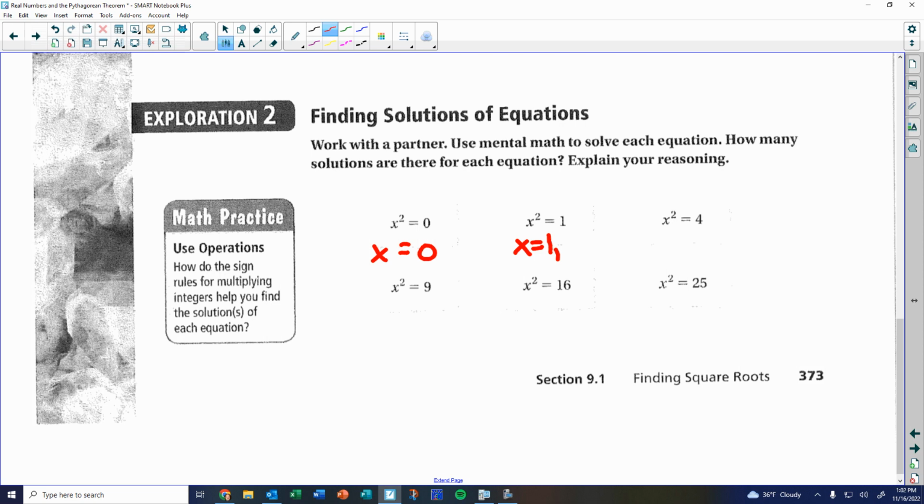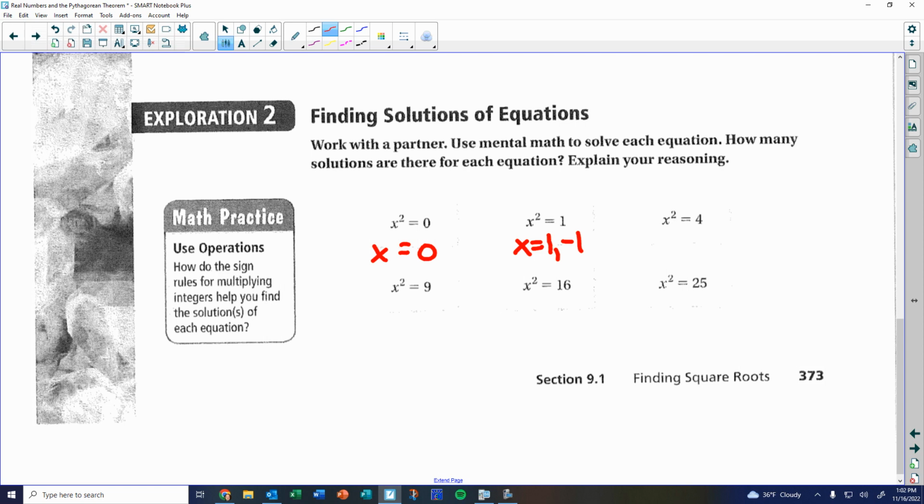That's not a number. What is a negative times a negative? So -1 times -1 is 1. So not only is it 1, it's its inverse. It's opposite. So what would 4 be?